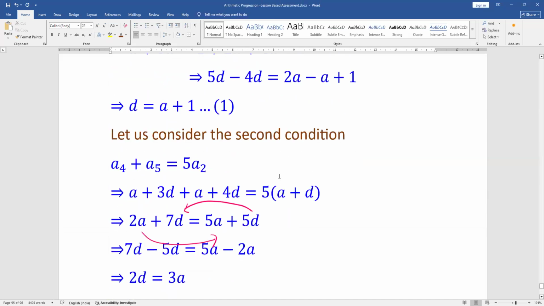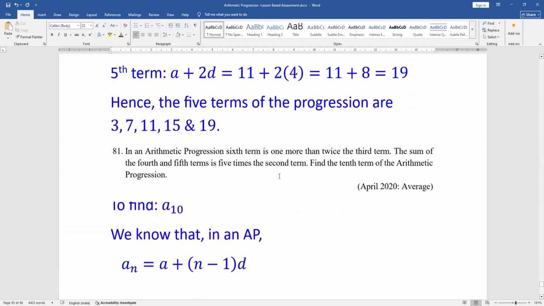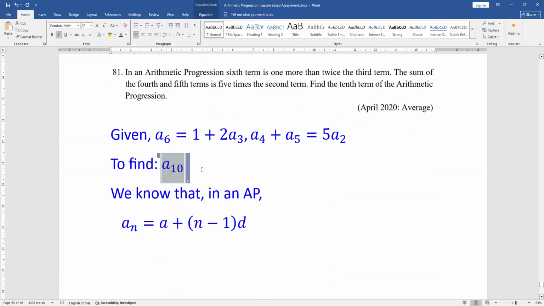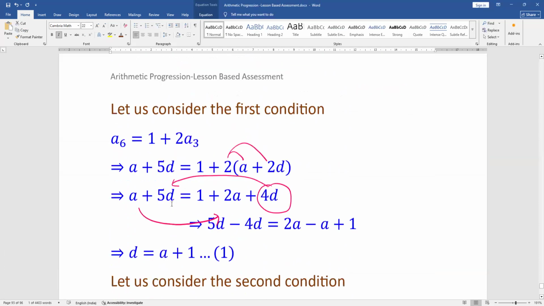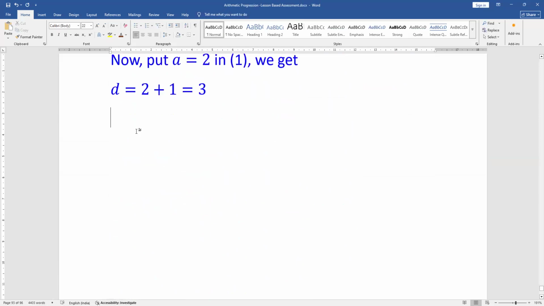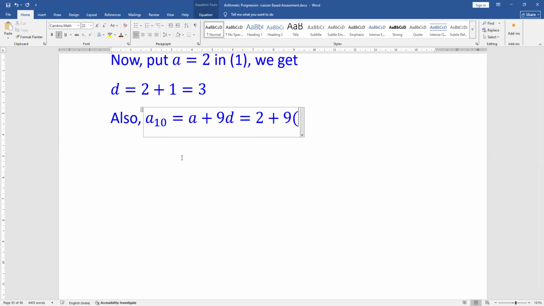Okay. Next, what I have to find out, let me see. We are asked to find out a10, correct? So a10 is nothing but a plus 9d, correct? The a value is 2, plus 9 into d, which is 3, so 9 into 3 is 27. 27 plus 2 is how much? 29.